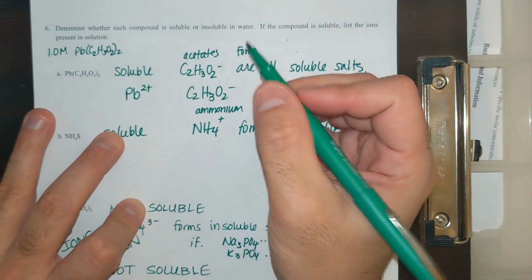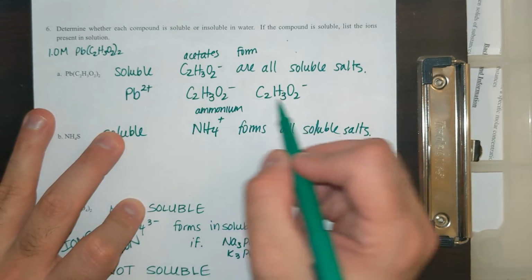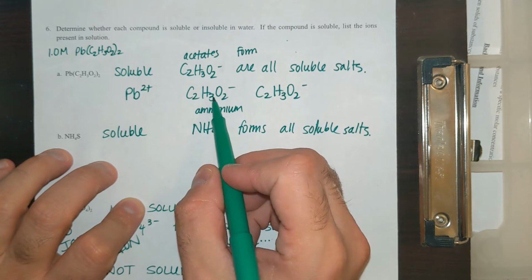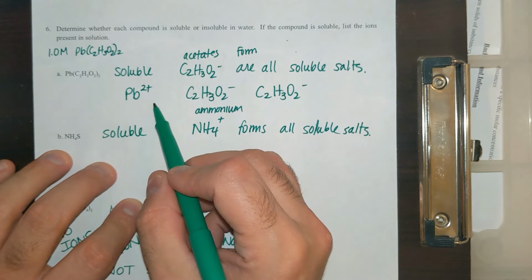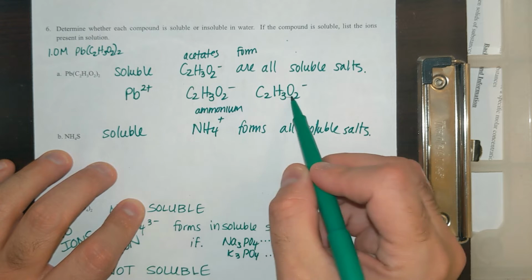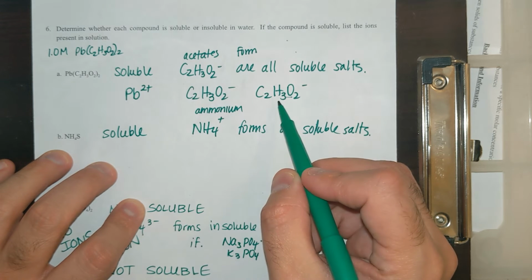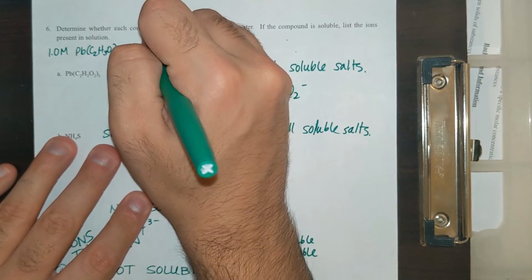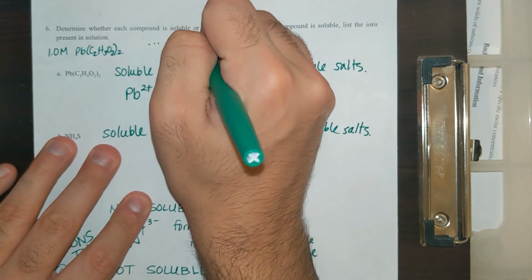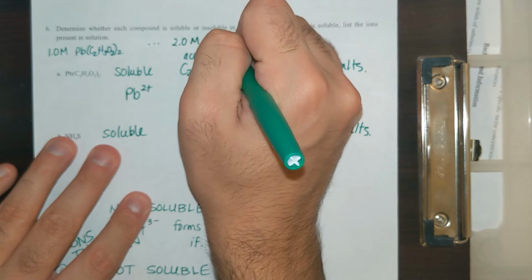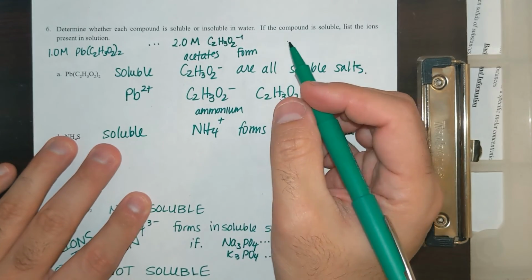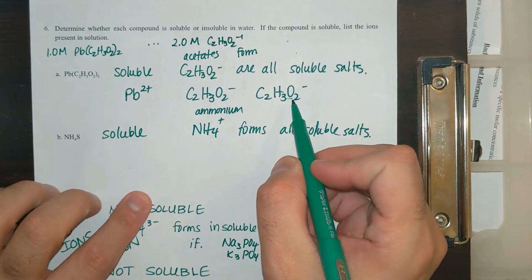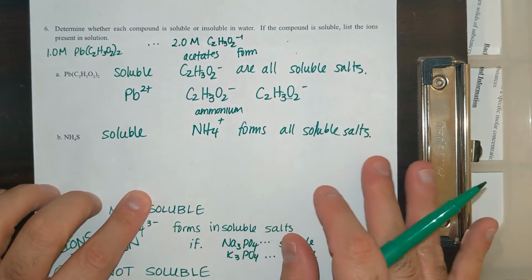What would be the concentration of just acetate? Well, when this breaks apart, I get 1 lead and twice as many acetates. So if I have 1 molar of lead acetate, I would have 2 molar of C2H3O2 minus, because I'd have twice the concentration. That's just an aside to go with your homework.